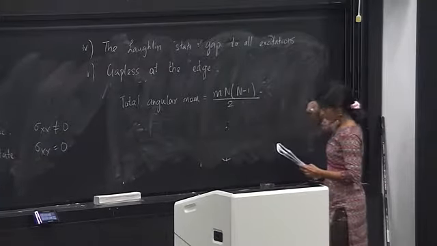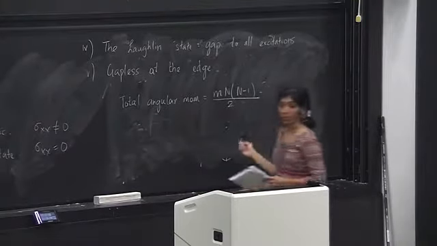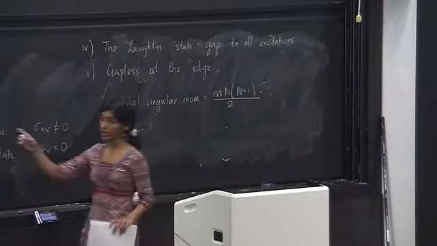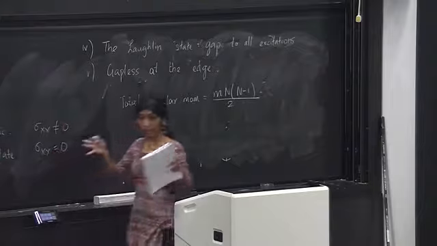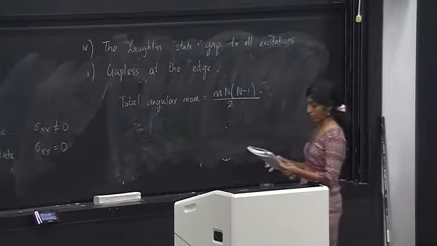And so compressing the droplet basically reduces the total angular momentum, right? That's clear because we had that picture there that greater the angular momentum, greater the radius. So if you compress the droplet uniformly, you're decreasing the total angular momentum of the droplet.